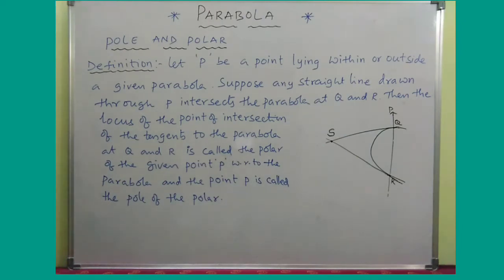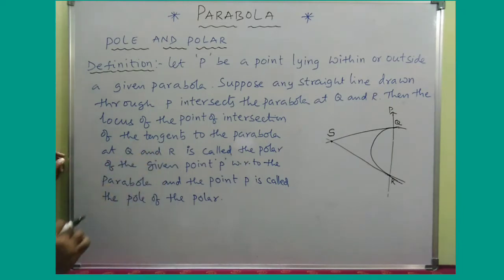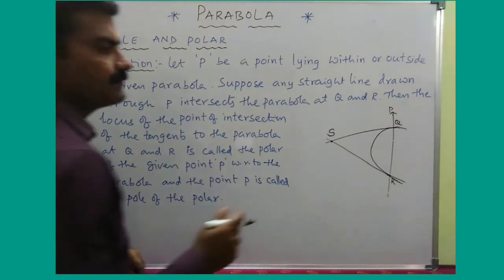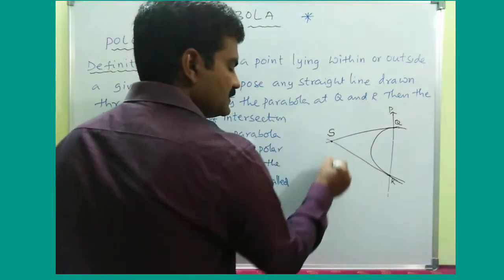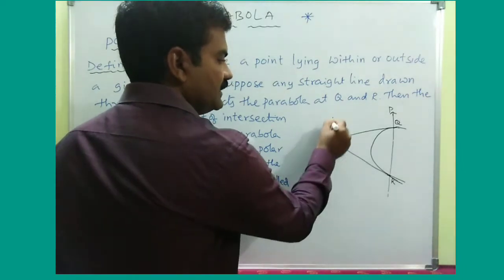Fine. Now the locus of this point of intersection of the tangents to the parabola drawn at Q and R is called the polar of the given point P. The locus of this point is nothing but a line passing through these points of intersection.